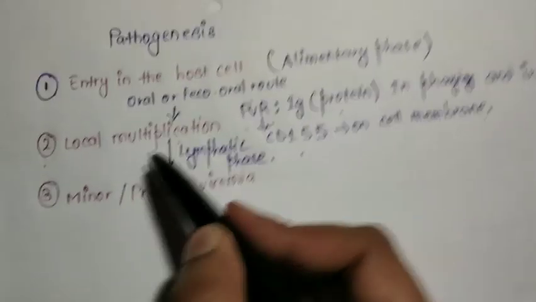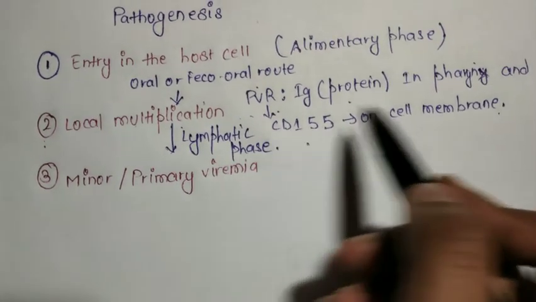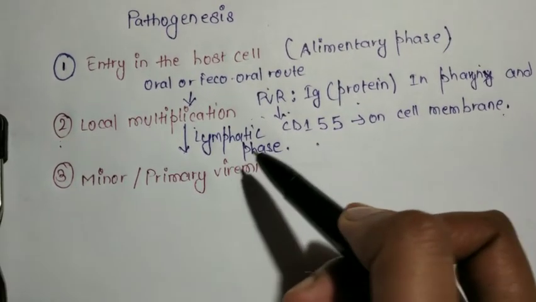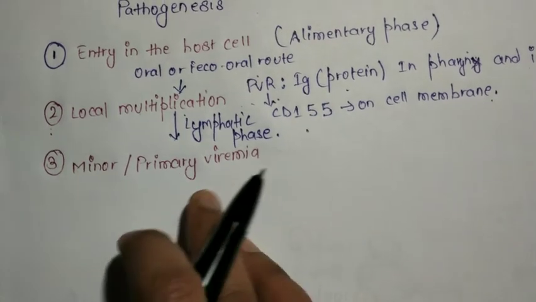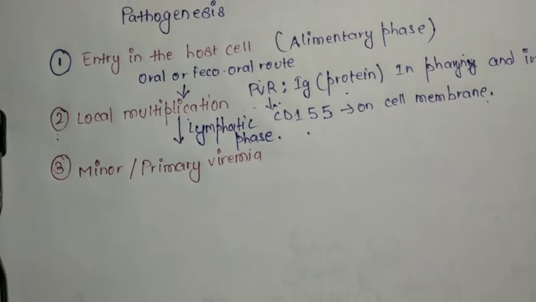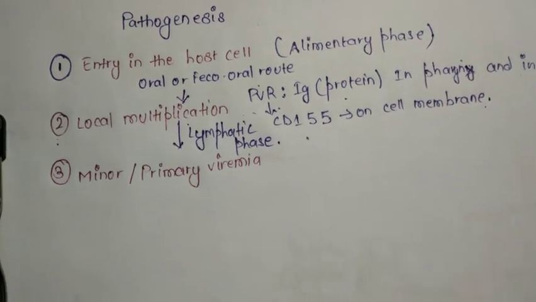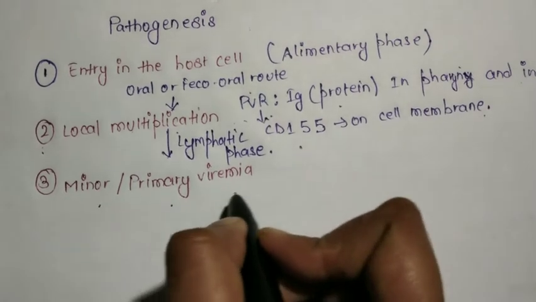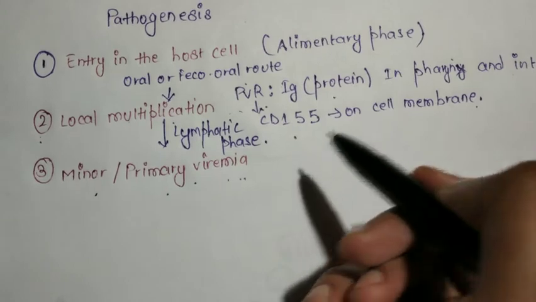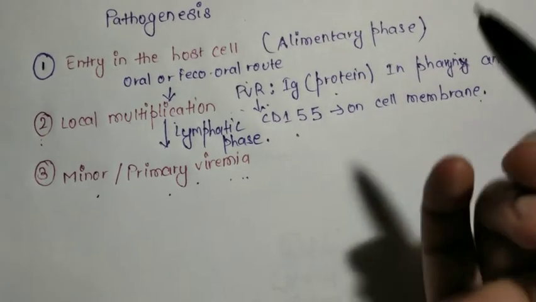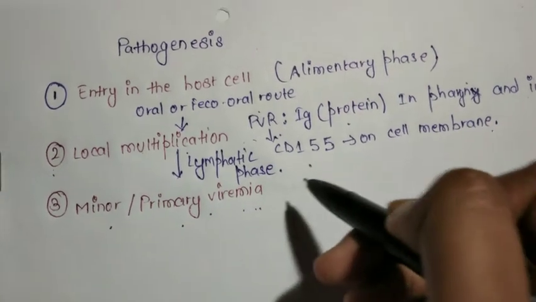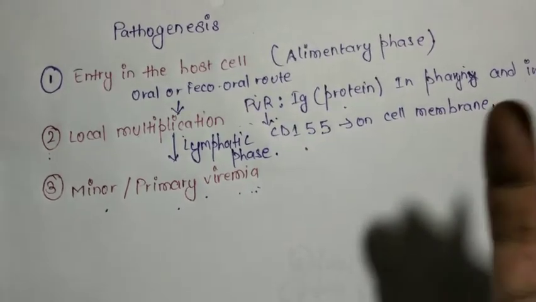Once the viruses have multiplied in the lymphatic phase, they are absorbed into the bloodstream, and that forms the minor primary viremia. Viremia is a condition where the viruses meet with the blood, same as bacteremia, where the bacteria meet with the bloodstream.